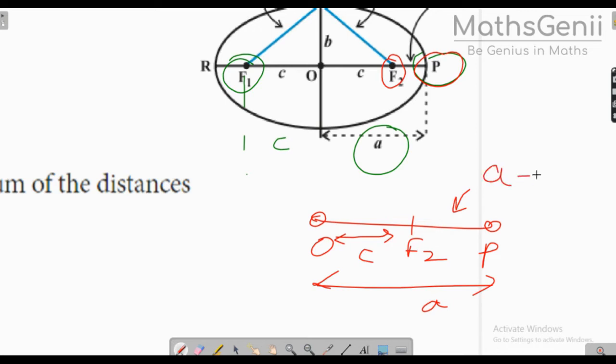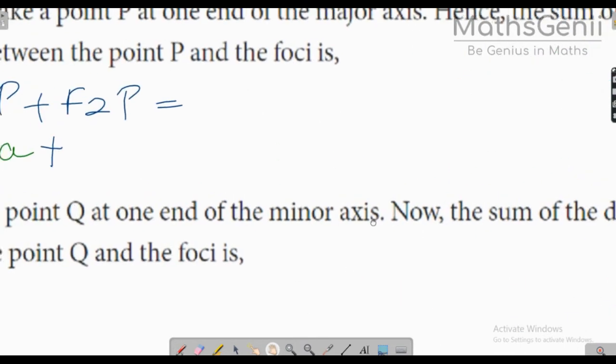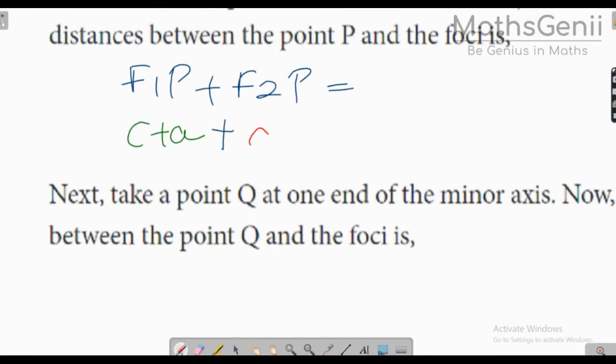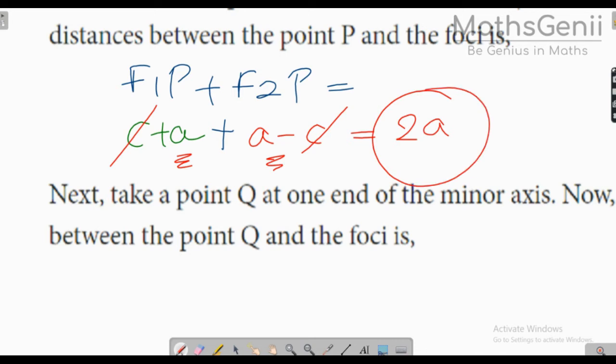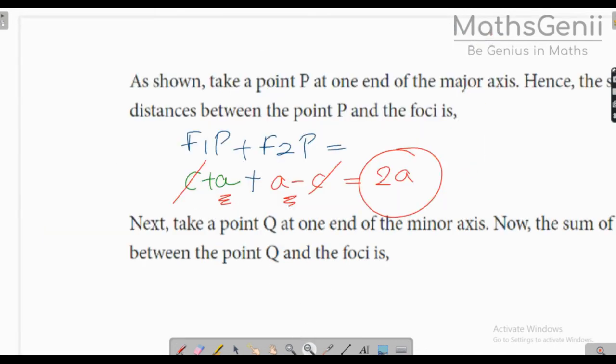Very simple, A minus C, correct? So your F2P is A minus C. So plus C minus C gets cancelled, A plus A is equal to 2A. So this is about your major axis, correct?